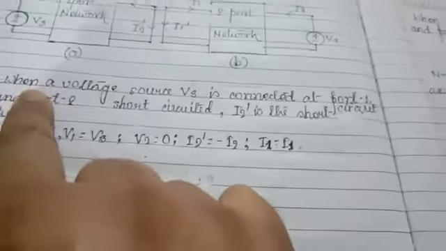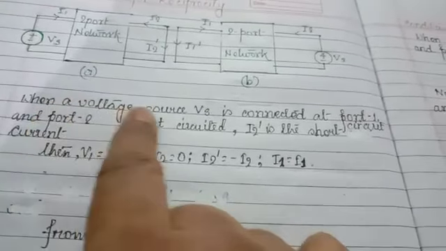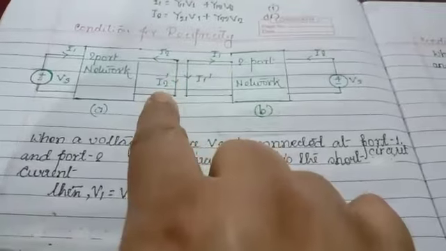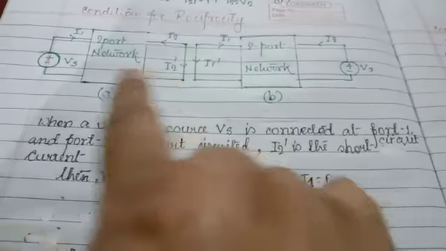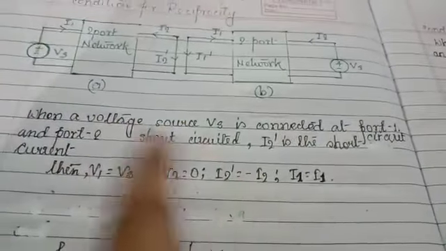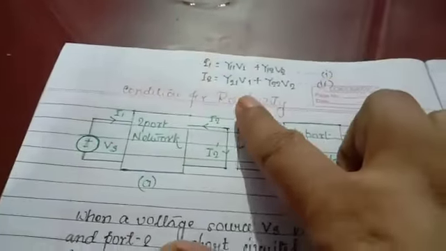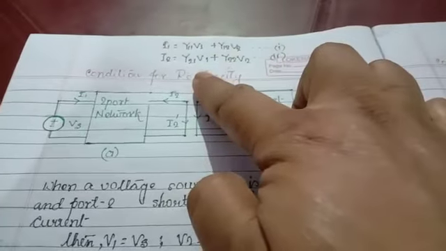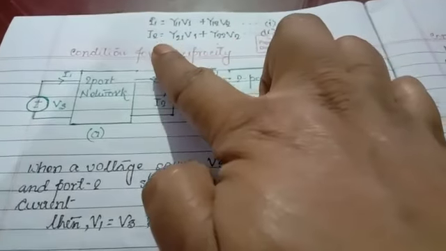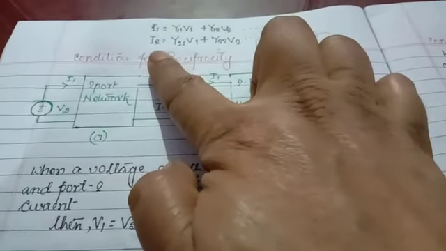Exactly in the same manner as we did for Z parameters, when a voltage source Vs is connected at port 1 and port 2 is short circuited, I2 is the negative of I2 dashed, V1 equals Vs, V2 equals 0, and I1 is I1. So from equation 2, with V1 equal to Vs and V2 equal to 0, I2 equals minus I2 dashed.